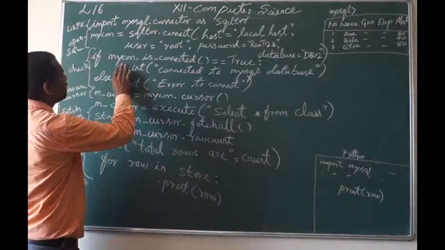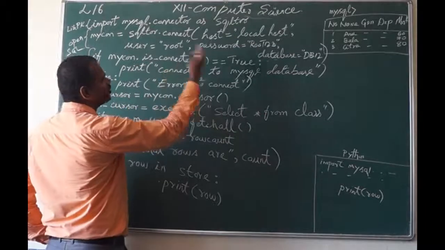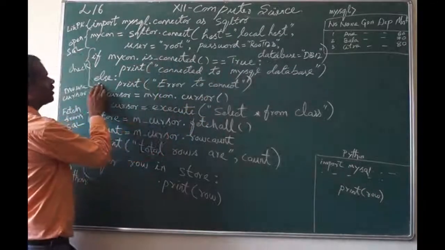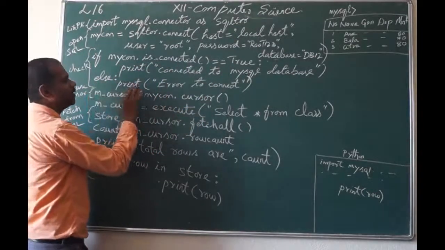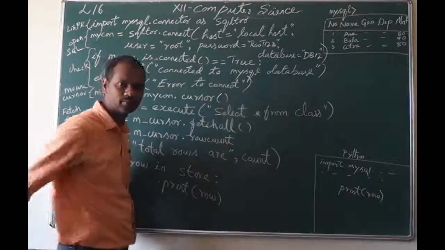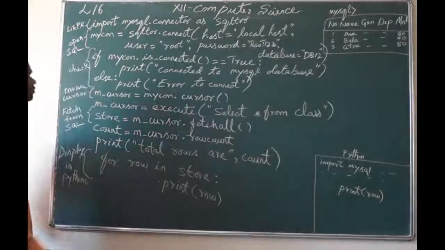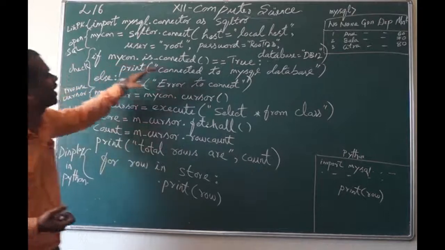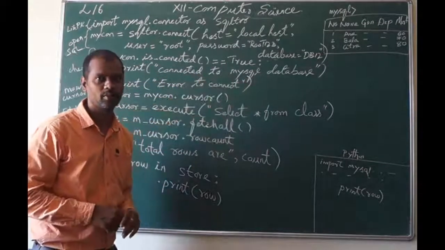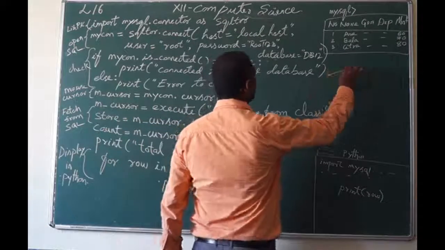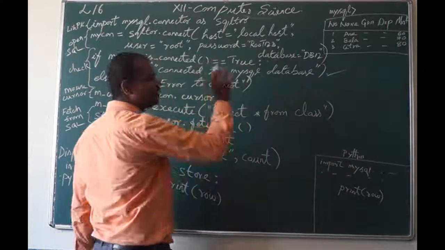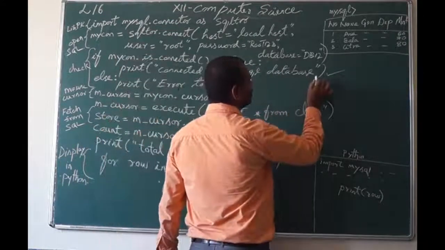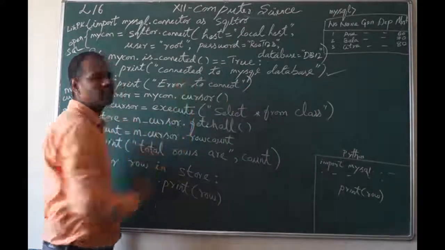Suppose mycon is not connected, then the else case will be executed and it will print error to connect. So we have checked it. If it is connected, you will get the message connected to MySQL database. If you give the exact software and database name, this connected message will come.